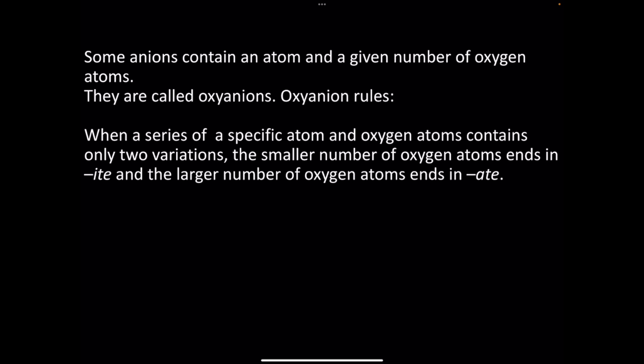So if it's O2 and O3, that number of oxygens, the O2 would end in ite and the O3 would end in ate. So you can see that with the examples of sulfite, SO3, and sulfate, SO4, because 3 has fewer than 4, so that's the ite versus the ate.